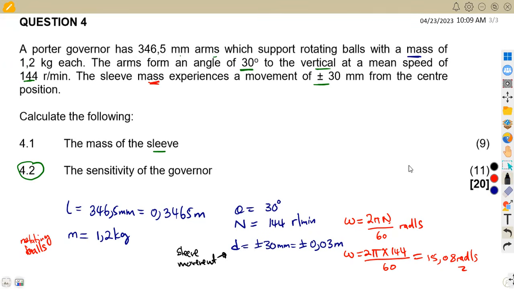How can we obtain this mass of the sleeve? We've got 9 marks for that. I want us to take back from our formula.